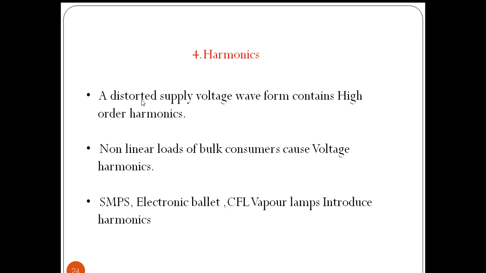A distorted supply voltage waveform contains higher order harmonics, which are due to SMPS, electronic ballast, and CFL and vapor lamps introducing the harmonics. These are the sources which introduce harmonics, the unwanted quantities existing in the power supply. So these components produce the harmonics in the system.